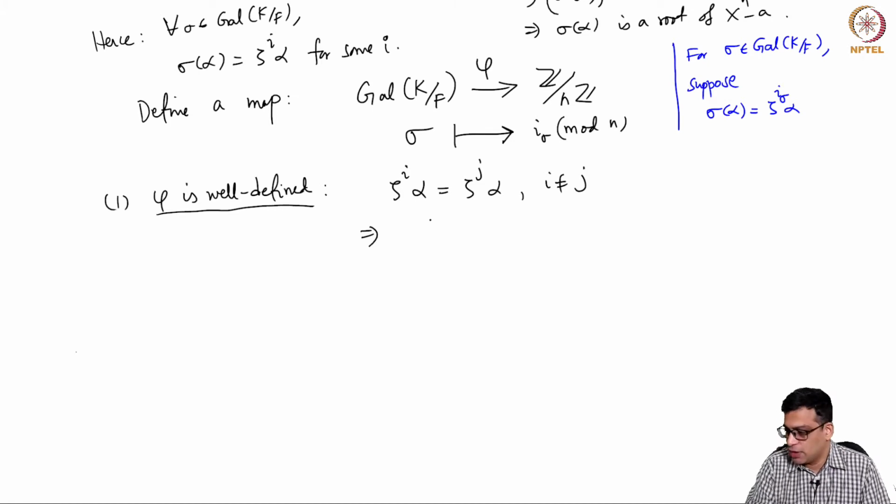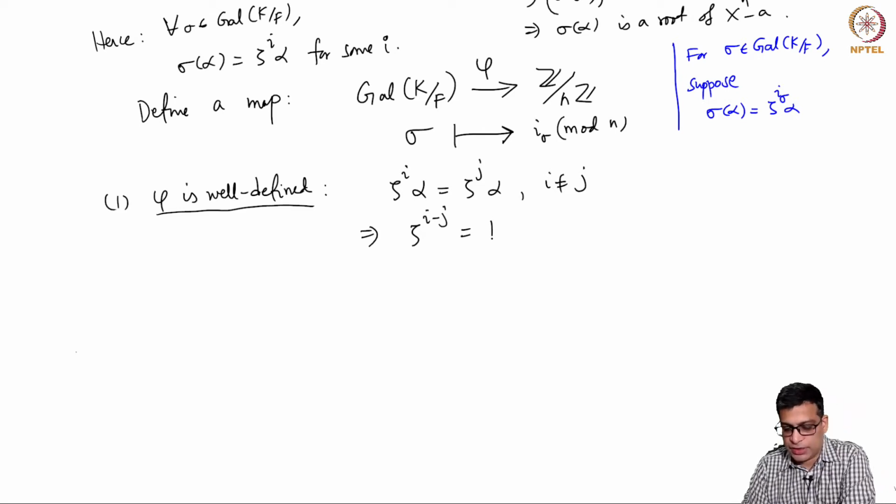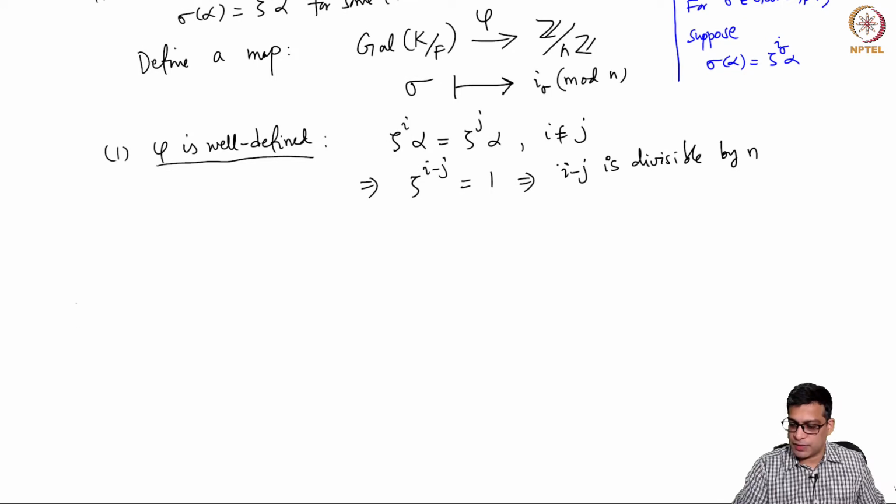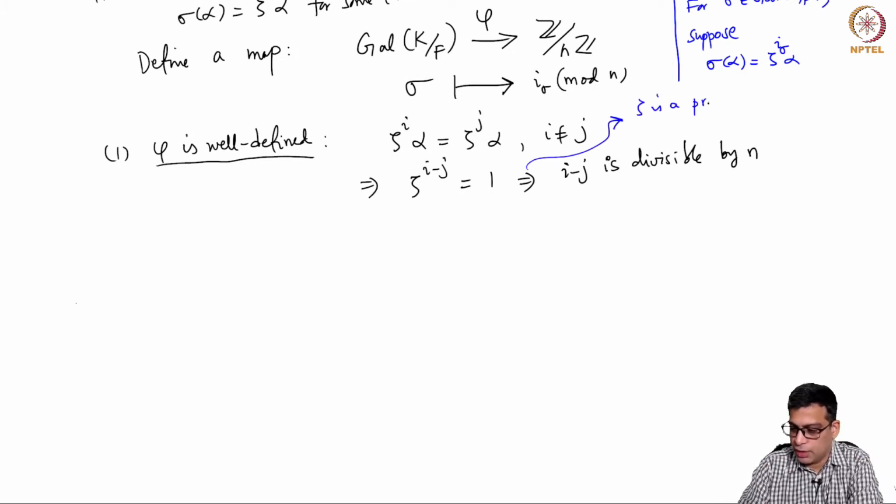So, suppose this happens, then we of course know that zeta^(i-j) is equal to 1, because I can always multiply by zeta^j alpha inverse. This will guarantee that i minus j is divisible by n. This part here is because zeta is a primitive nth root of unity.